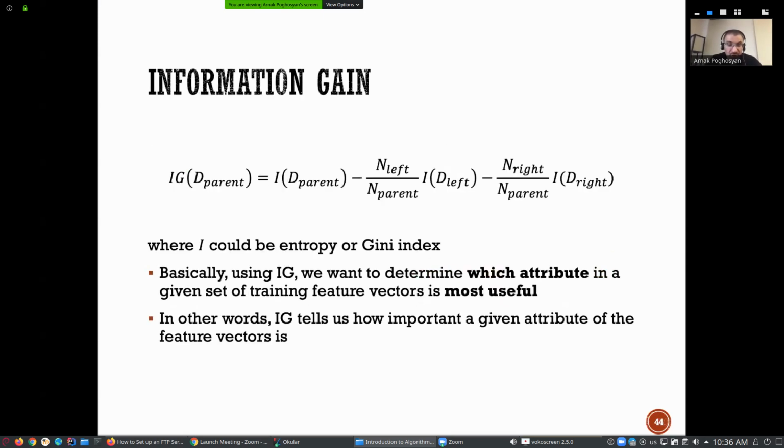And here we have one very interesting idea. This is information gain, how we are using Gini index or entropy when we are deciding how to split the corresponding feature and from where to split.